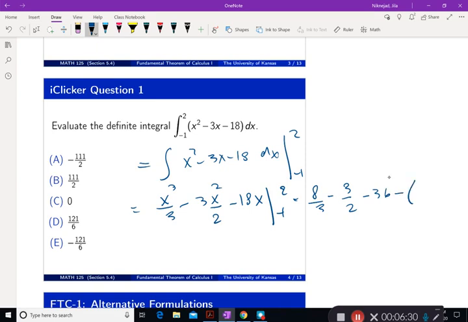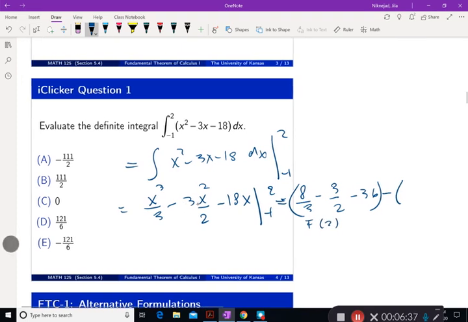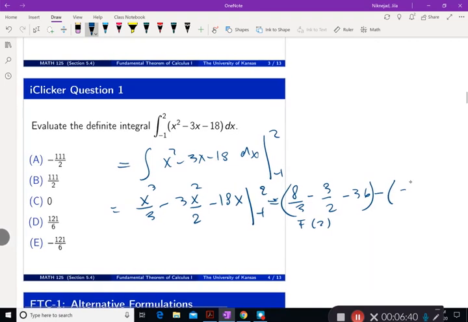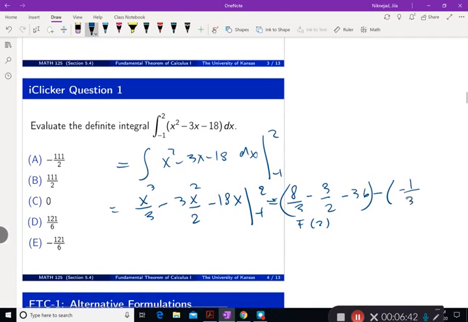This was basically F at 2. Now let's write F at -1: -1 to the power 3, which is -1, minus -1 to the power 2, which is 1, minus 18 times -1.